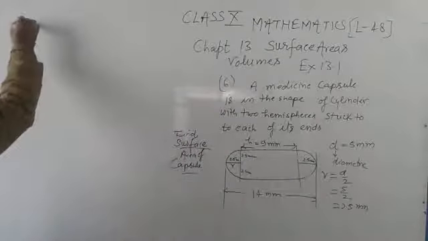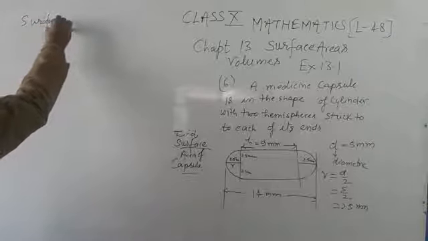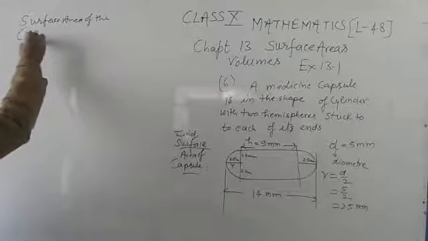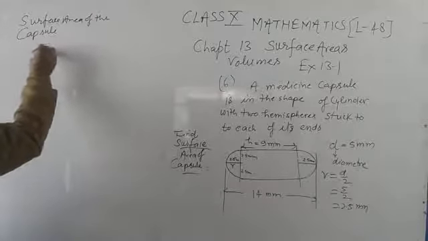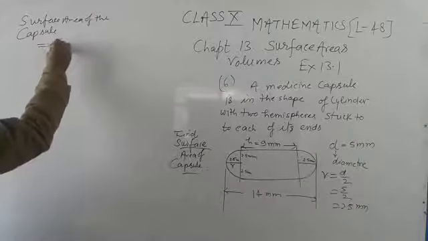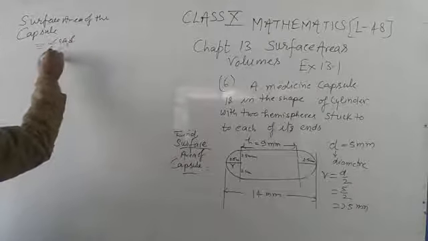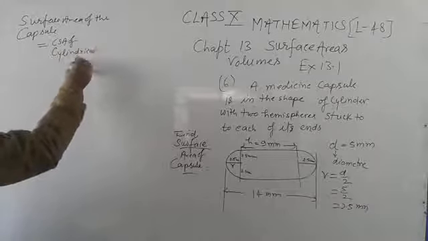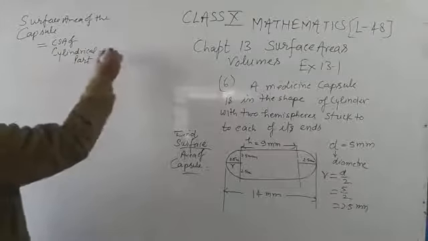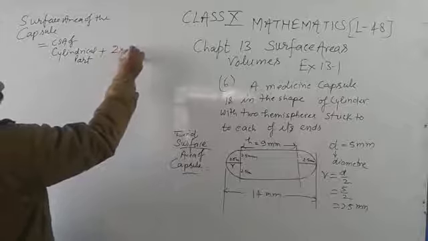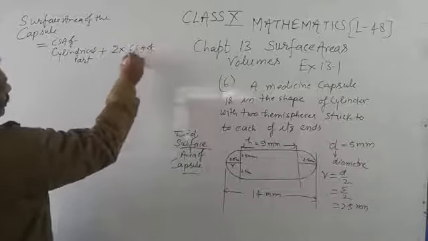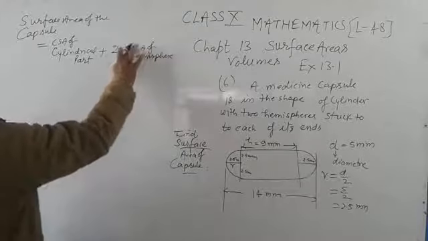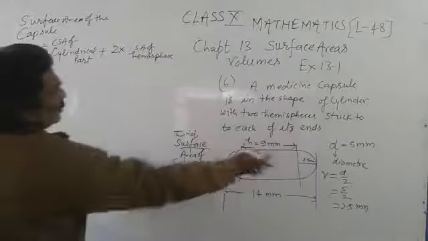Okay, surface area of the capsule is equal to surface area, covered surface area of cylindrical portion plus 2 into covered surface area of hemisphere, या surface area of hemisphere, because there are two hemispheres.